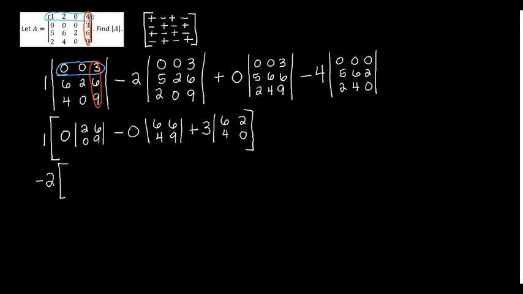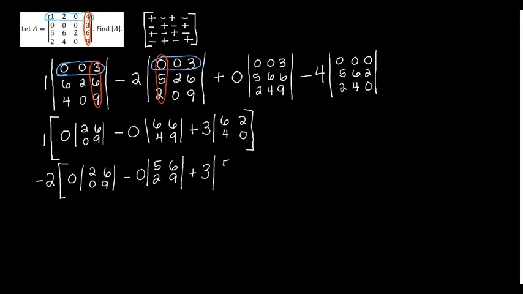I'll mark off a row, mark off a column, and reduce it down. 0 times 2, 6, 0, 9 minus 0 times 5, 6, 2, 9 plus 3 times 5, 2, 2, 0.